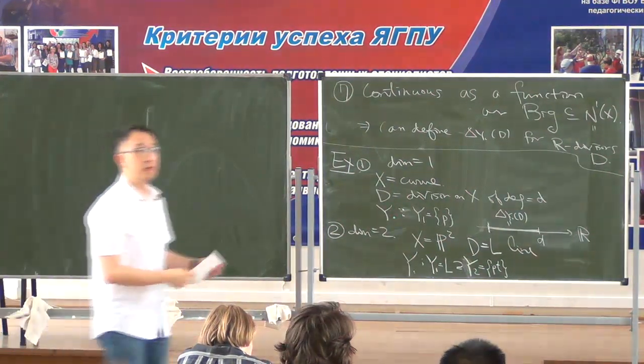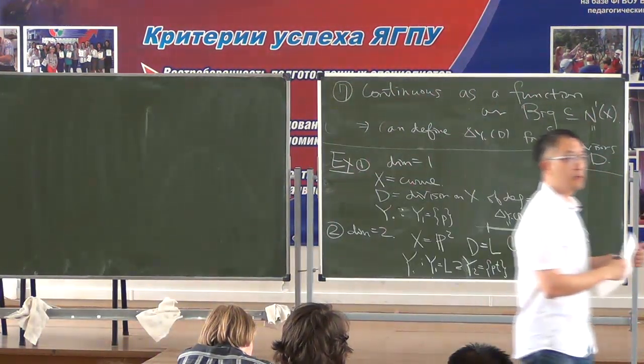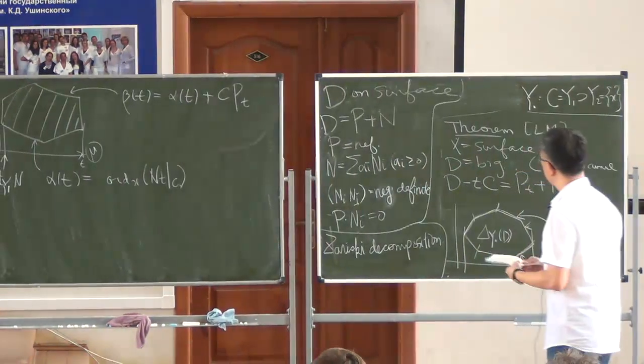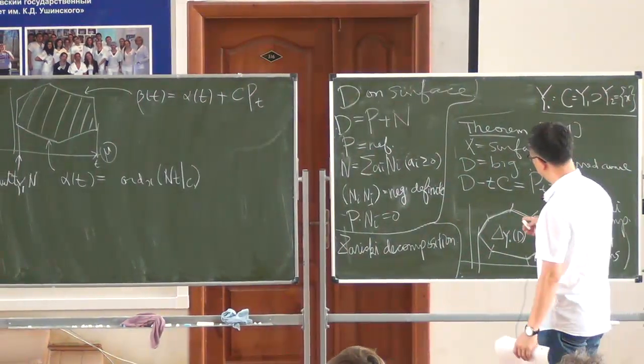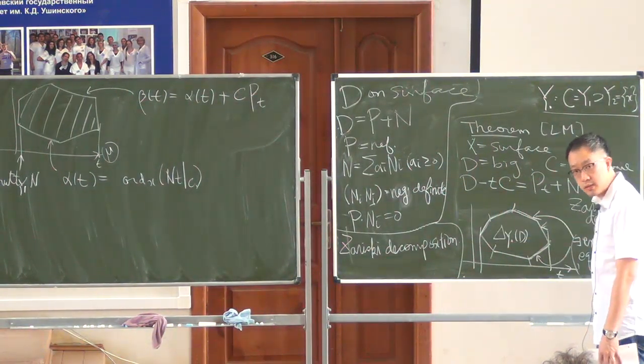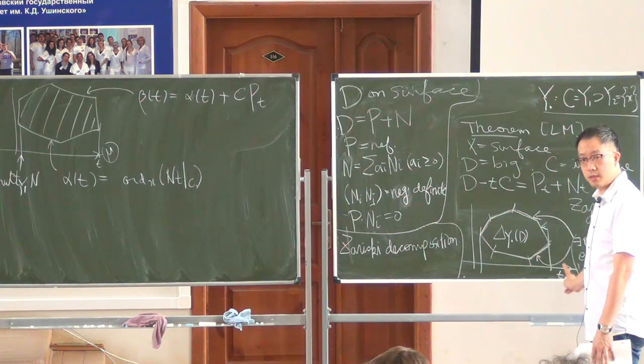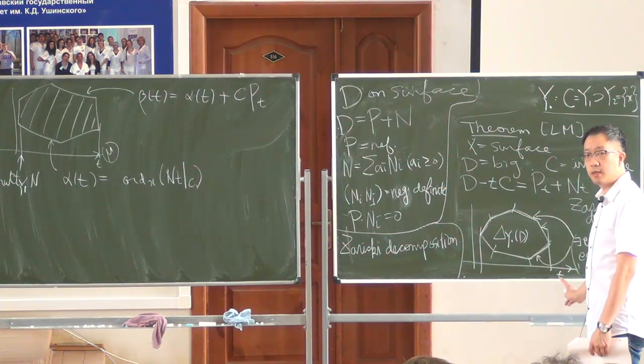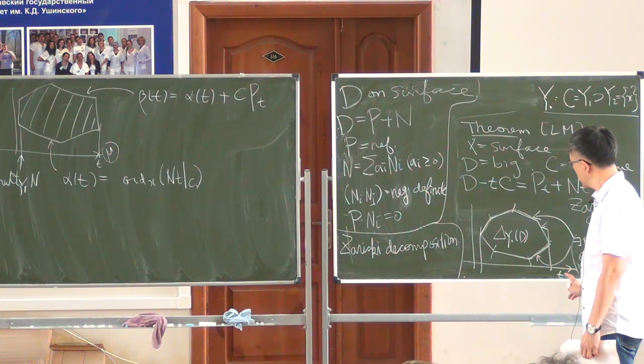Sorry, the vertical axis is T. So the fibers, which depend on T, should be two-dimensional.